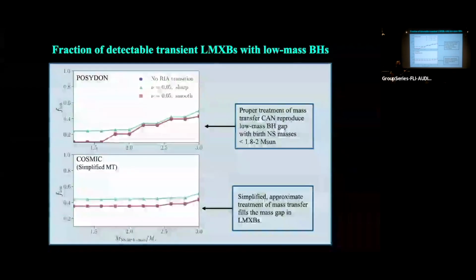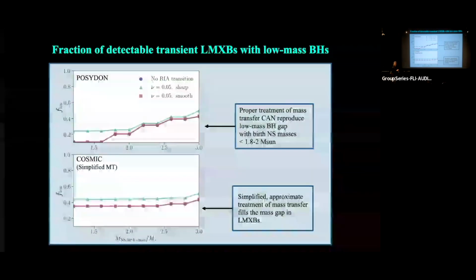If I go from 50% to 15%, and if I make it zero, then I put in my answer. What have you learned? If I assume in my population modeling that there is no accretion onto the neutron star, I get out of my population that neutron star masses don't increase through accretion. That's how I constructed it.